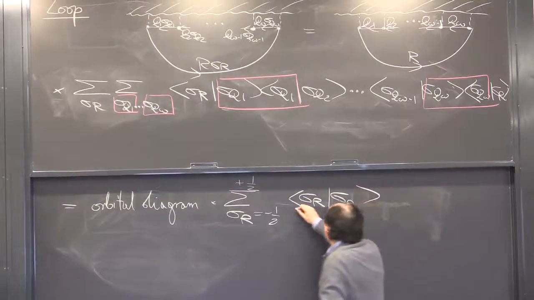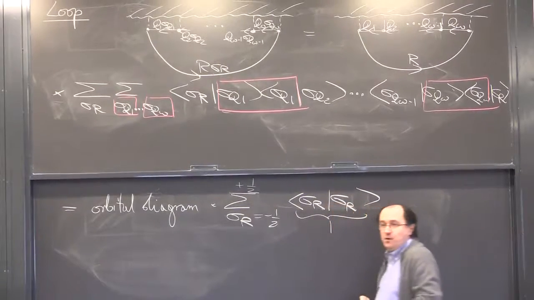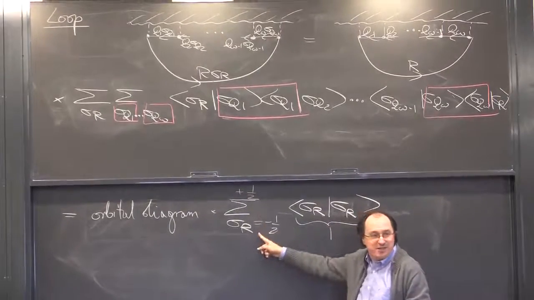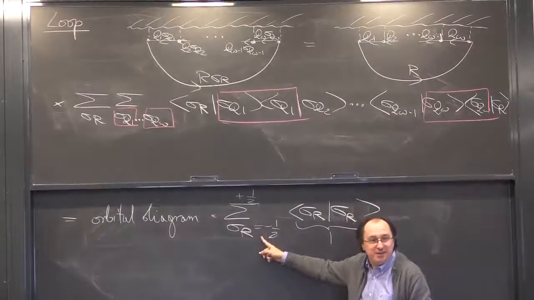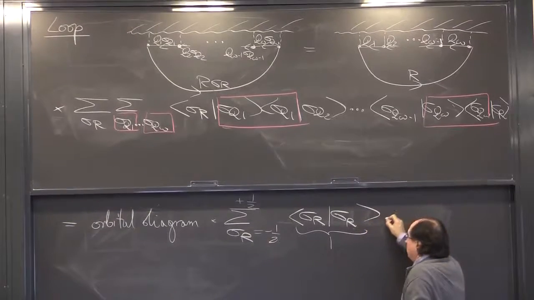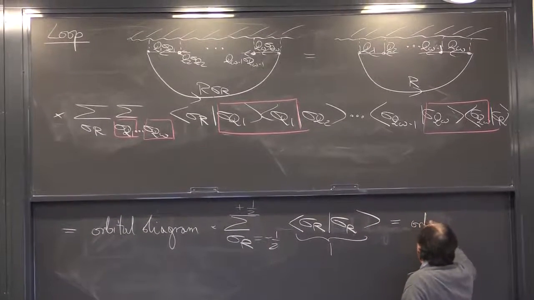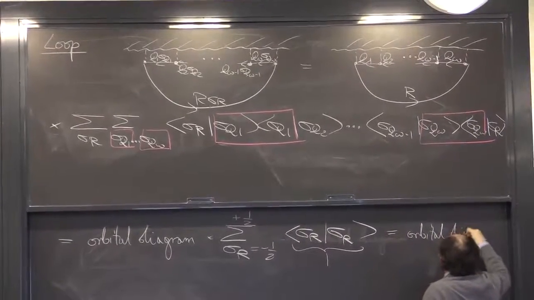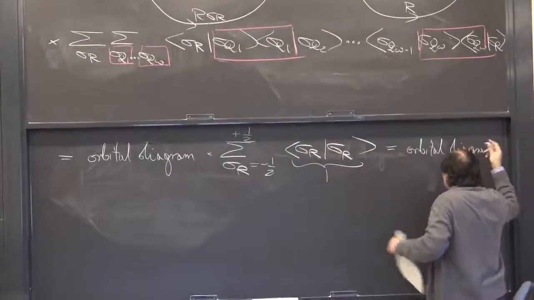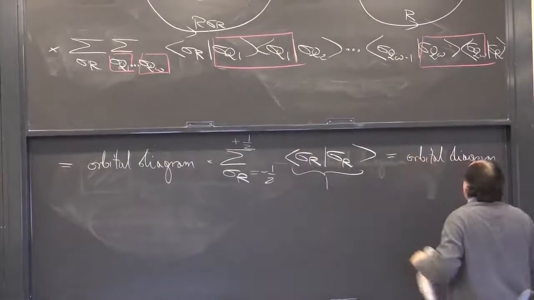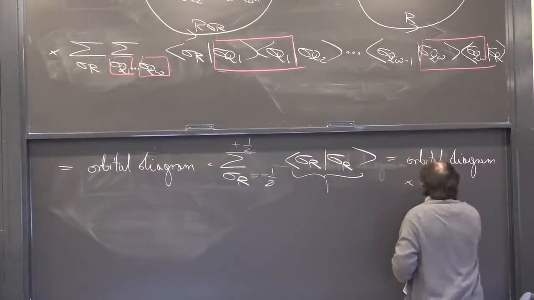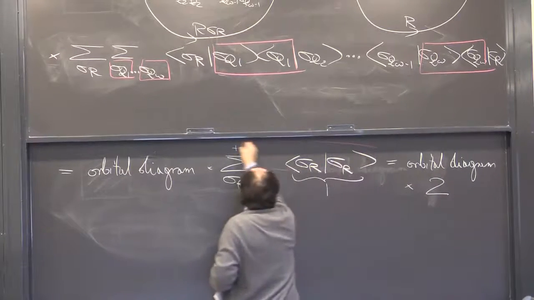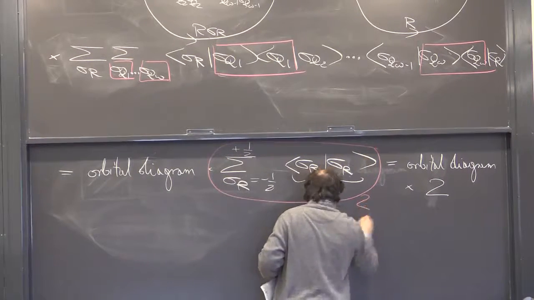Spin functions are normalized to unity, so this is 1. We are summing a factor of 1 twice because we have two terms in this summation. So then it's just 2. Okay? So I end up with the loop of this orbital diagram times a factor of 2. Okay? Because as I said, this thing here is 2.